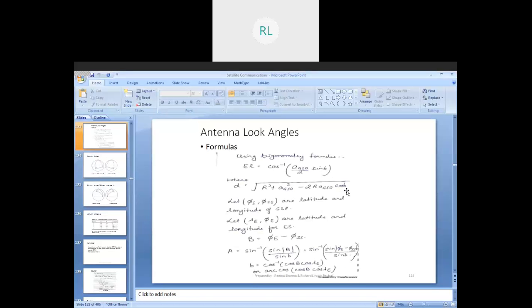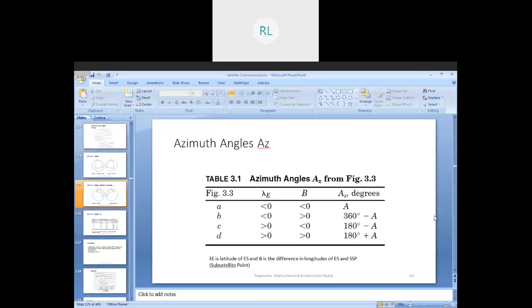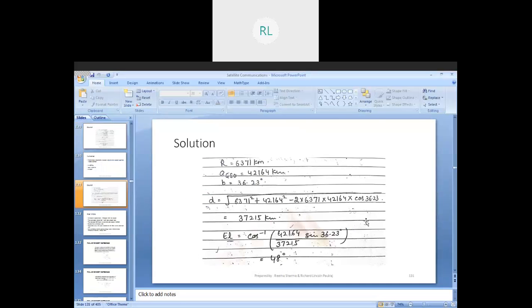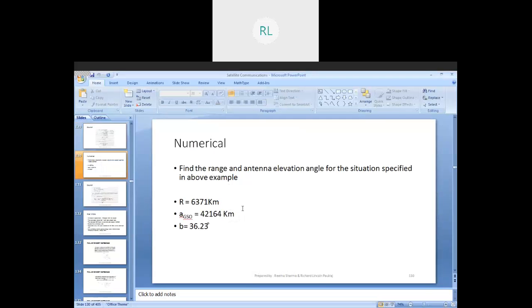Why do I want D? Because I have it in my elevation angle, right? Angle of elevation. So what is my EL? See, in EL I have D. So first I have to find out what is D. AGSO value is already given, B value is there, so this is the only value that I need, which is B. R value is given, AGSO value is given, right?